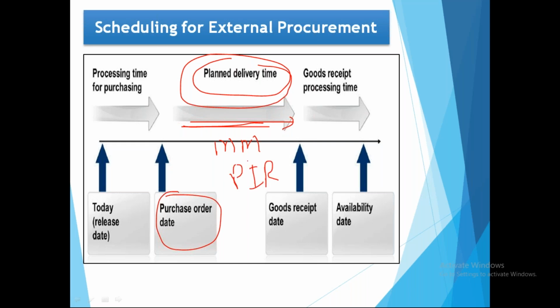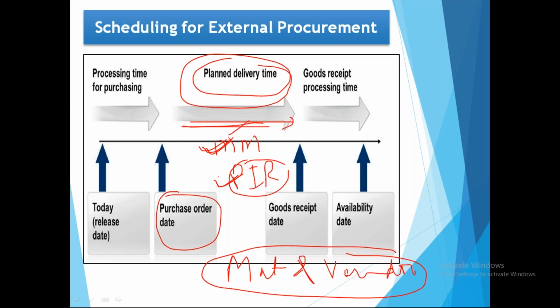This we have already discussed. If you maintain it in the material master, it will be applicable for that material, whichever vendor you procure it from. And if you maintain it in the PIR, purchase info record, for a combination of material and vendor, then it will be applicable only for that vendor.